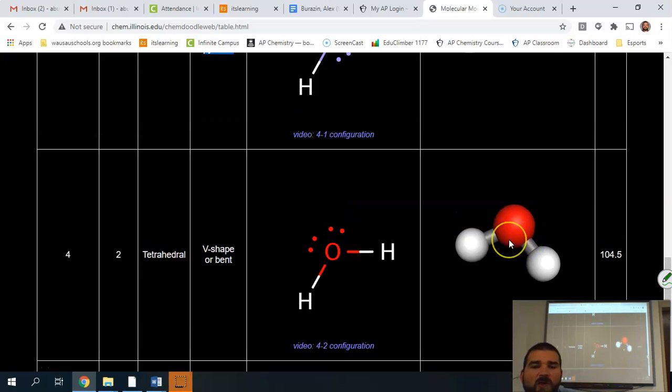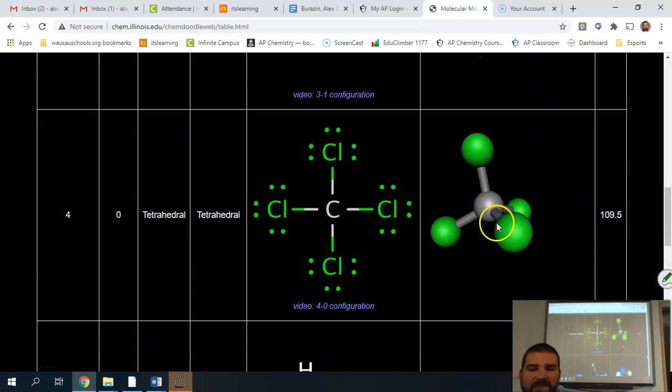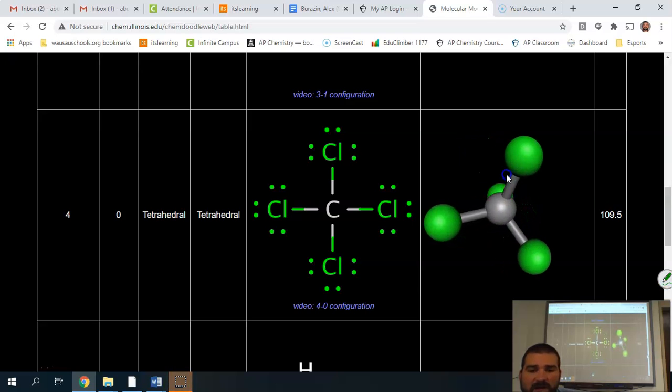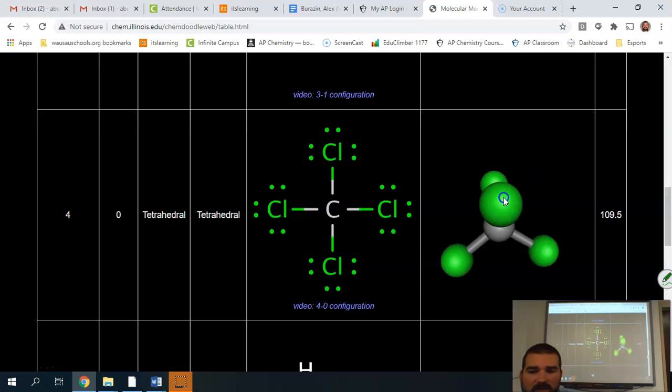So let me go back up to the tetrahedral one and explain what's happening here. If I turn this, there we go. If I turn it like this, this is oxygen, this is hydrogen, this is hydrogen. It is a bent molecule.